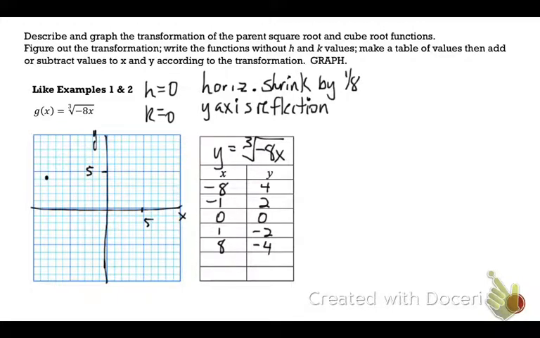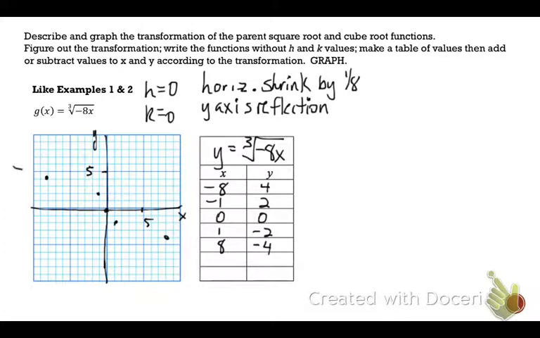And then my second one is at negative 1, positive 2. So I can see that I'm kind of stretched away from the x-axis. Then 0, 0. Then at 1, negative 2. And then finally at 8, and then positive 4. I'm sorry, negative 4. There we go.